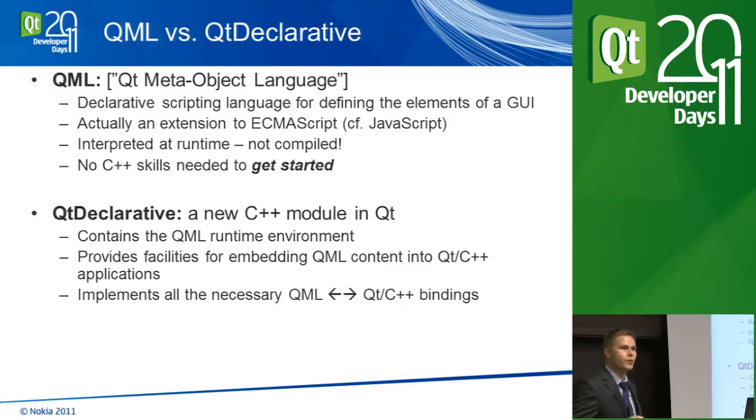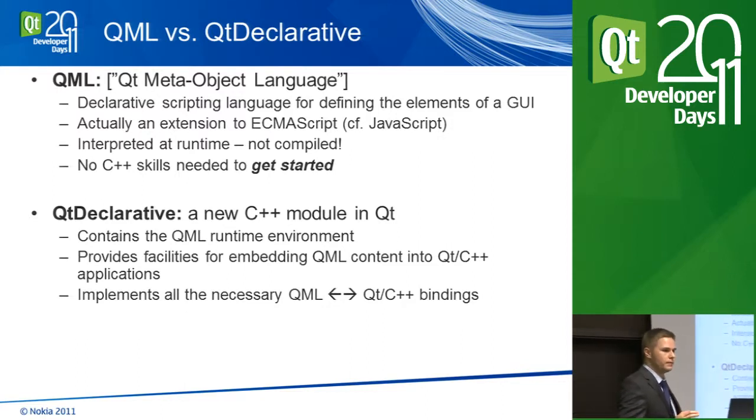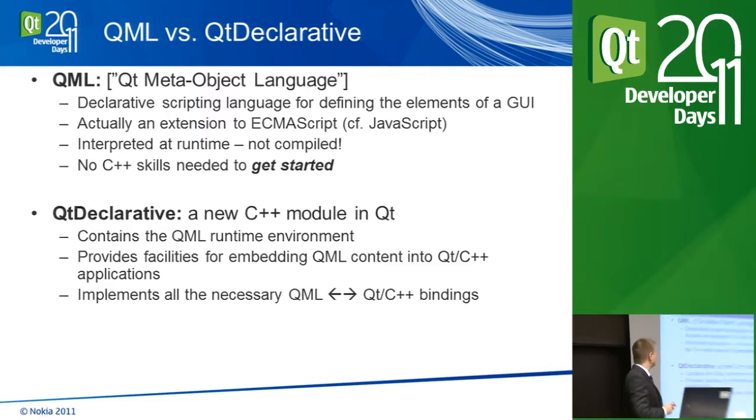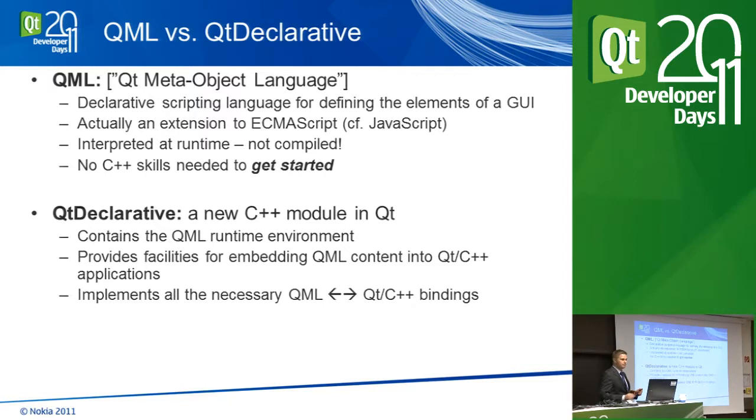So to go a little bit more into details of QML and Qt Declarative. First of all, QML, as mentioned before, is a declarative scripting language. You use it to define the elements in your UI.